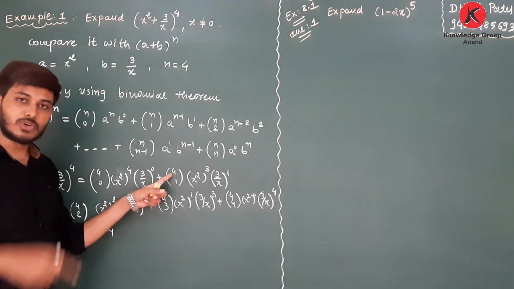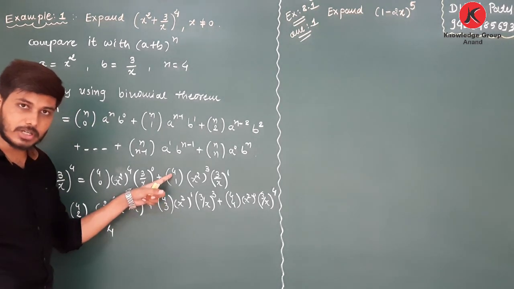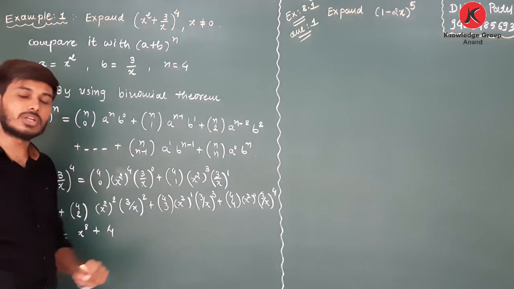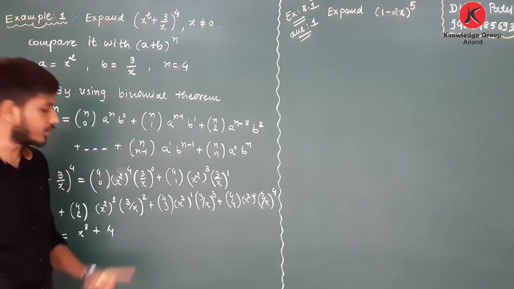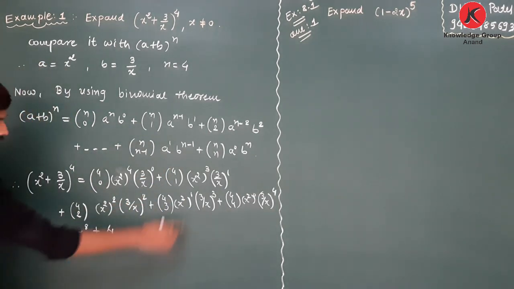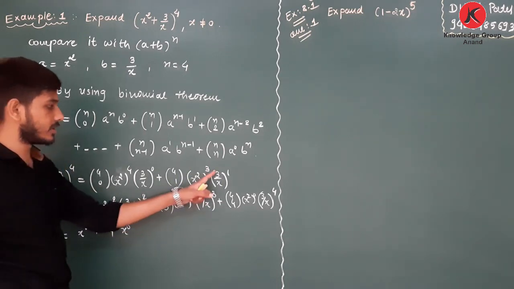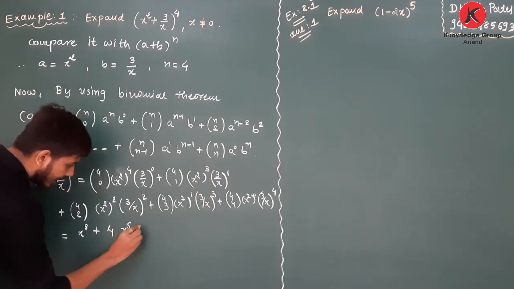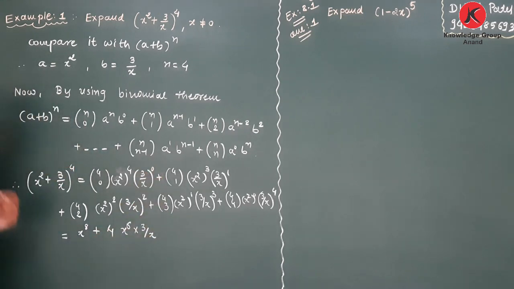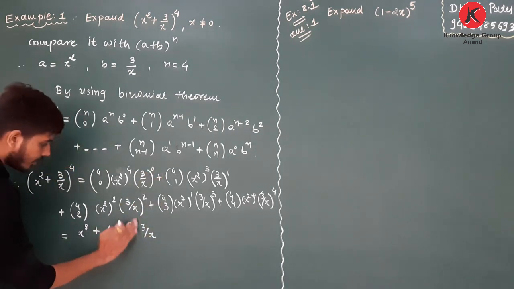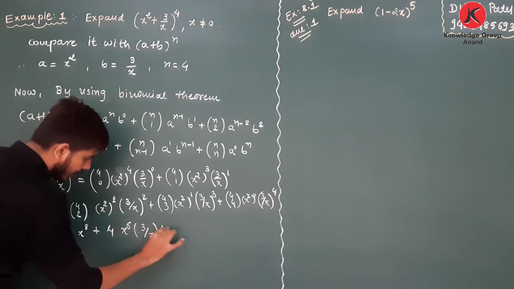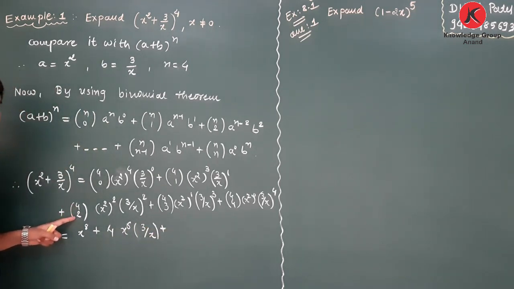Using the formula, nCr equals n factorial upon (n minus r) factorial into r factorial, you will get 4. (x^2)^3, therefore we are getting x^6 into 3/x. Okay. Now the next step, plus 4C2.